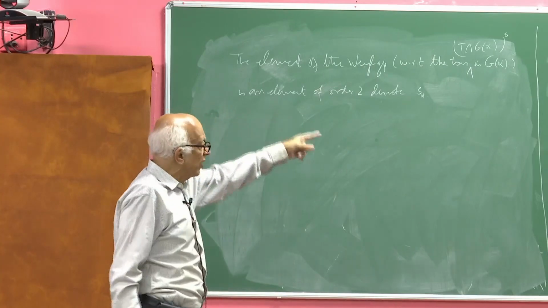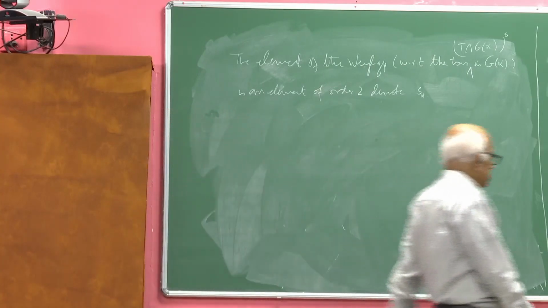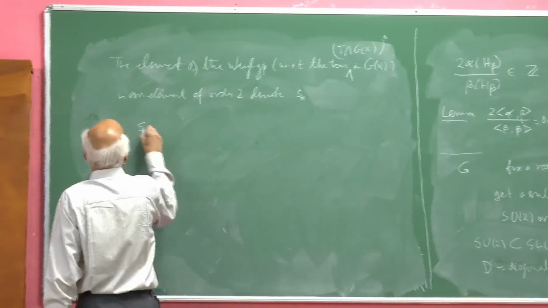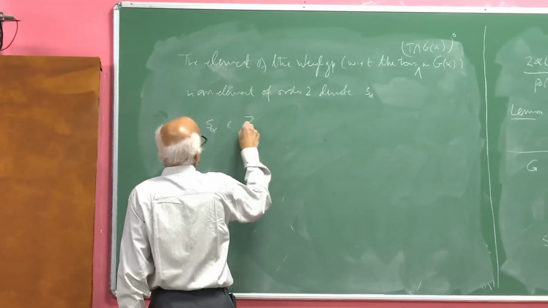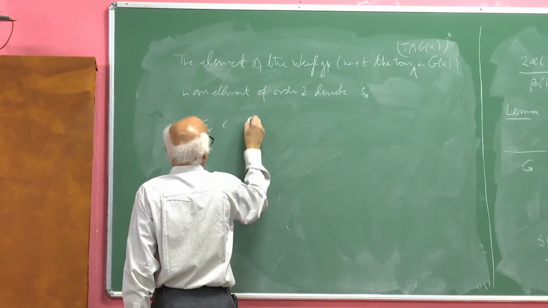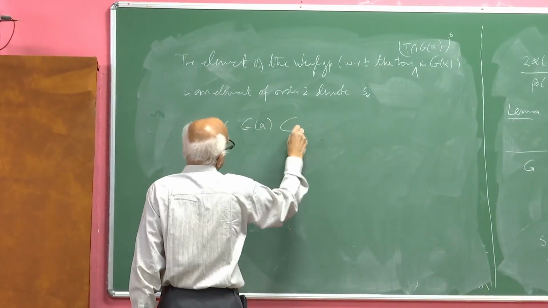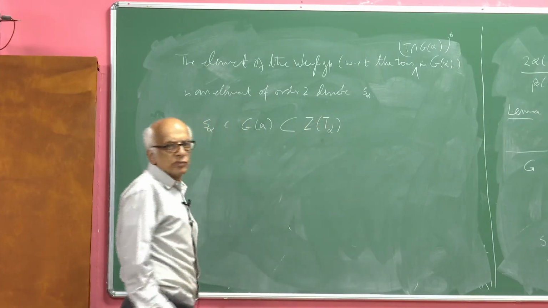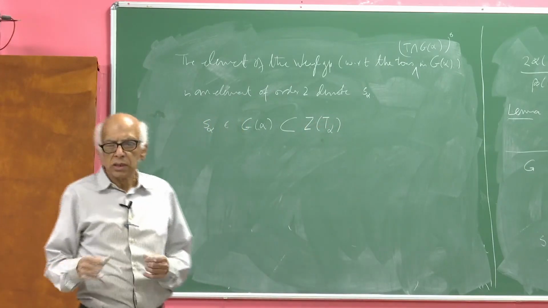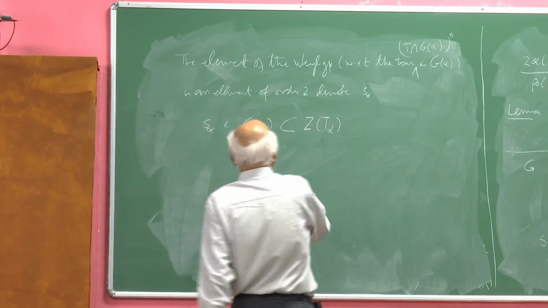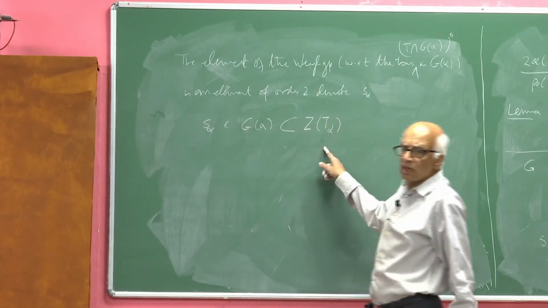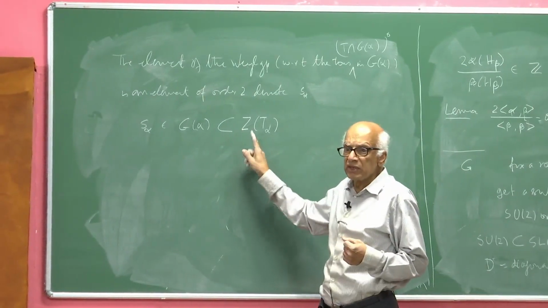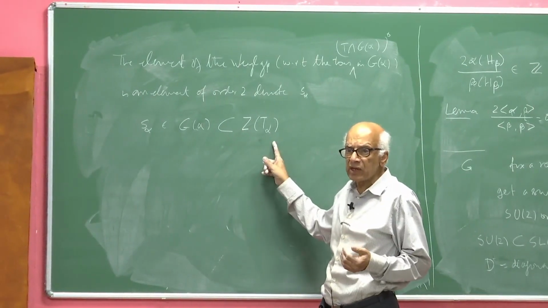And this element S alpha, notice S alpha is in G alpha, which in turn is contained in Z of T alpha. And S alpha acts trivially on T alpha because it belongs to ZT alpha. ZT alpha is the center of T alpha.